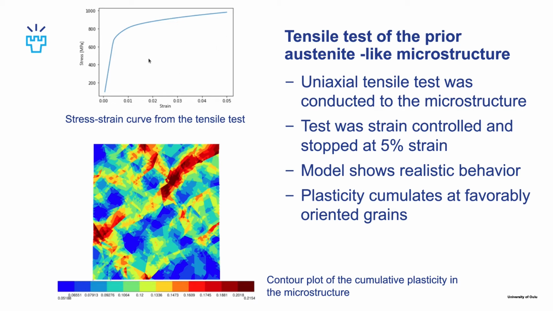But we can see that the model is capable of producing these typical stress strain curves, and below it we can see the microstructure's plasticity after the test. We can see very strong strain localization here, middle of the left side, and here diagonally from the upper right corner. And this localization of plasticity is due to the favorably oriented grains in these regions.